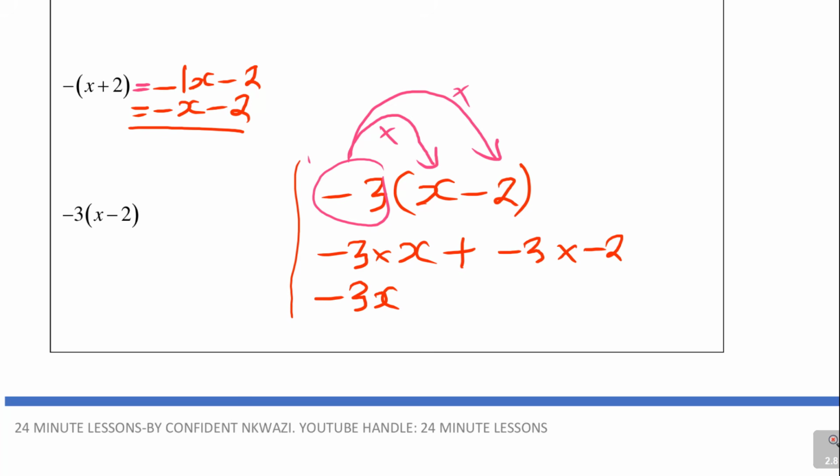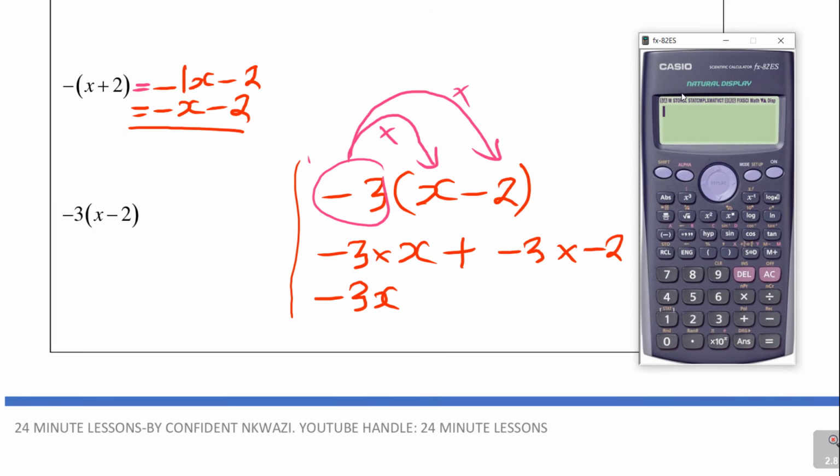So let me use the calculator then just to verify my answer. As I said, you can put a plus, still fine. Plus, but look at the negative I'm using. It's negative 3 times negative 2 because I'm multiplying them. See? It's equal to 6. What about if I used this minus? Let me see if it gives me the same answer.